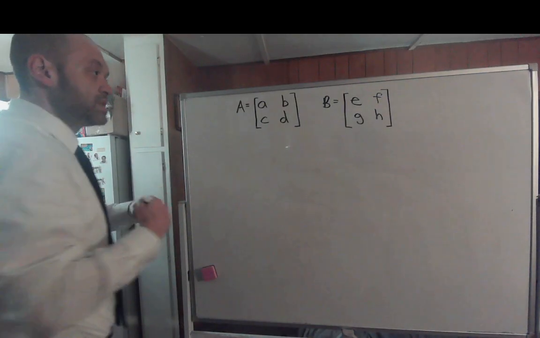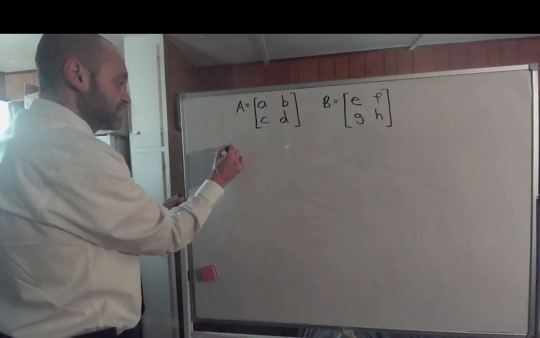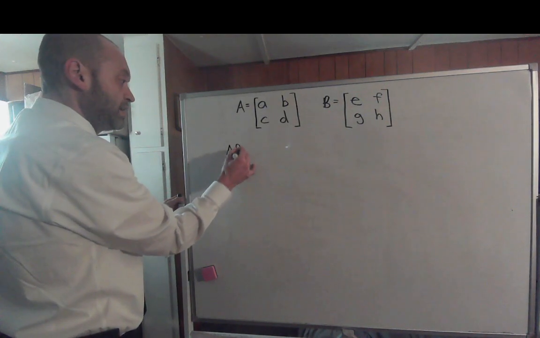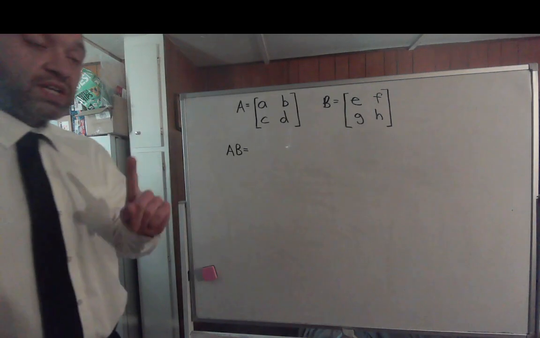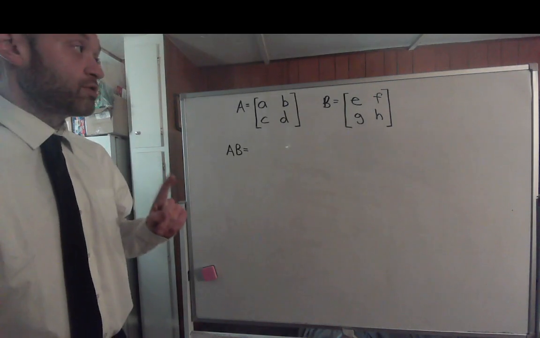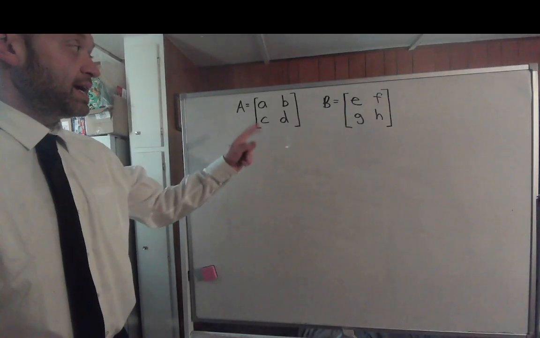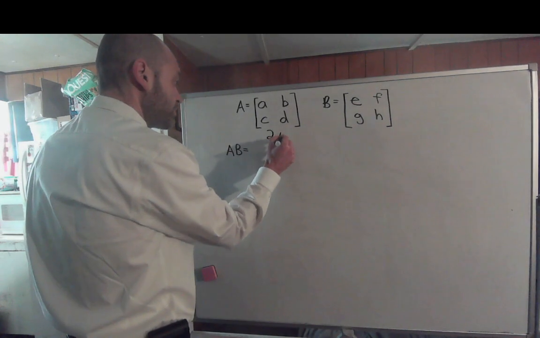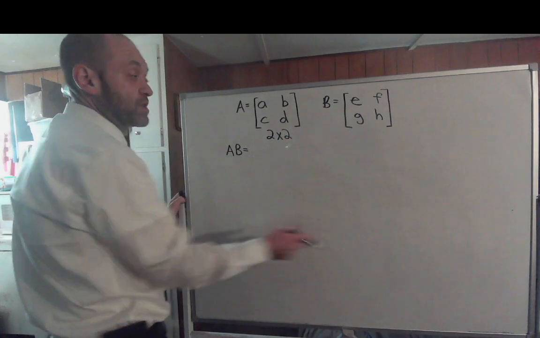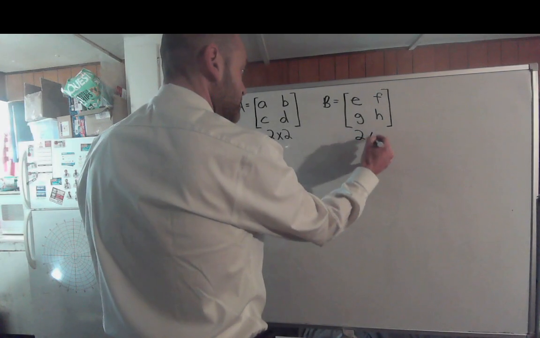So we want to see if we can do matrix AB. Is it even possible? Well, first thing you need to do is determine the order of your matrices. Matrix A is a 2 by 2. Matrix B is also a 2 by 2.